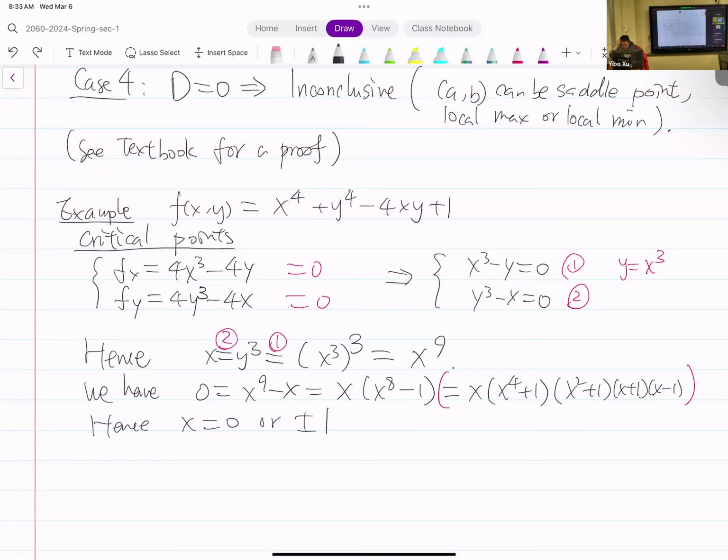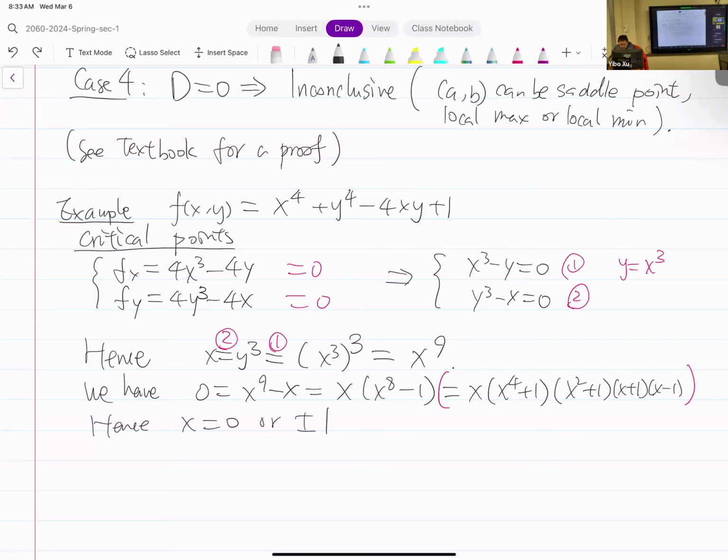Right, so now what do we do? We have 3 possible x values, right? 0, 1, and -1. So these are the possible x values. What about the critical points? What do we know about y? Here we want to look for the critical points as xy pairs, right?